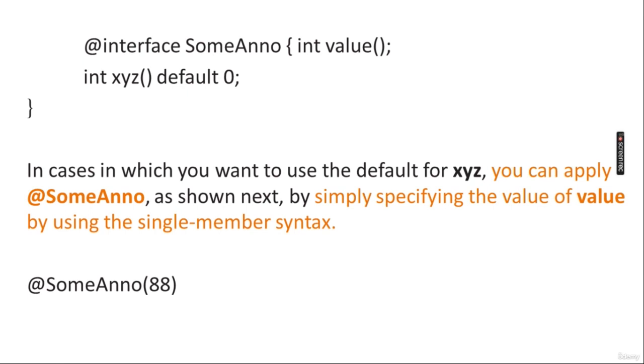In cases in which you want to use the default for xyz, you can apply the @Some annotation as shown, @Some(88), by simply specifying the value of value by using the single member syntax. If you want to use the default for xyz, you can apply the annotation as shown.